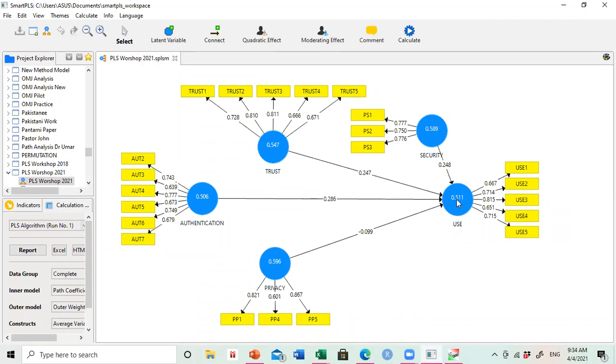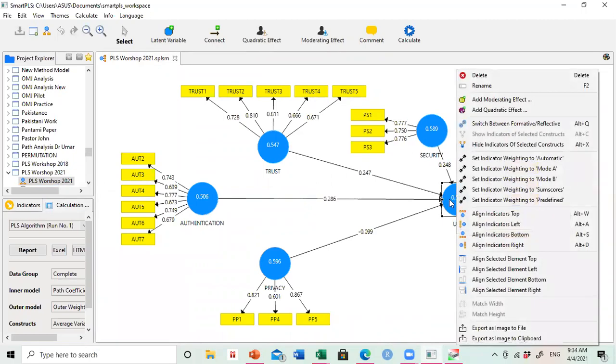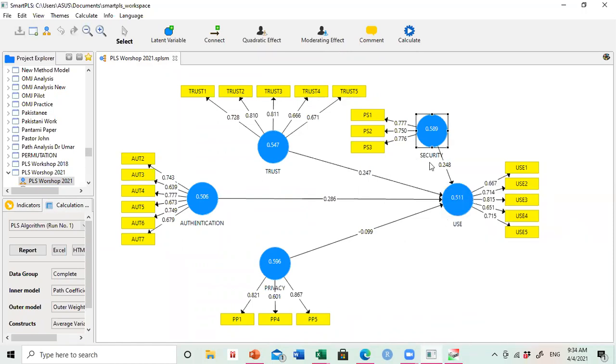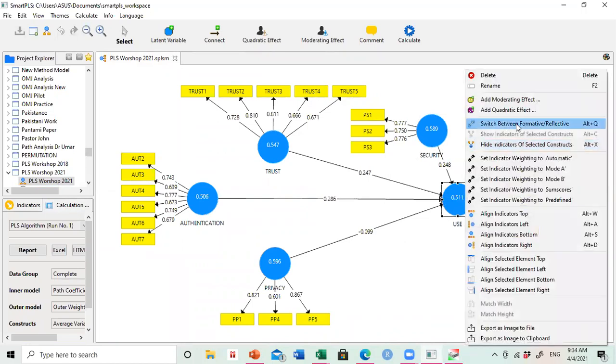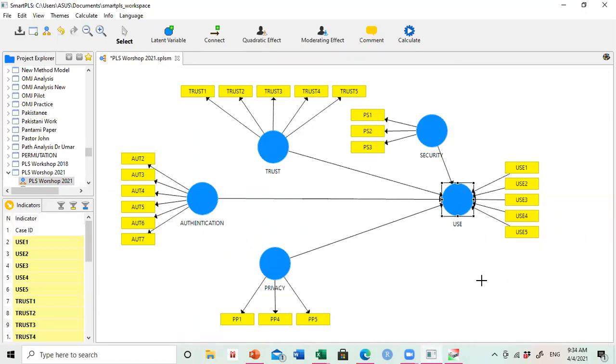In that case, what we should do is right click inside the construct, that is inside this blue circle, and say switch between formative and reflective. Then if you switch, you will see the arrows are going into the construct.